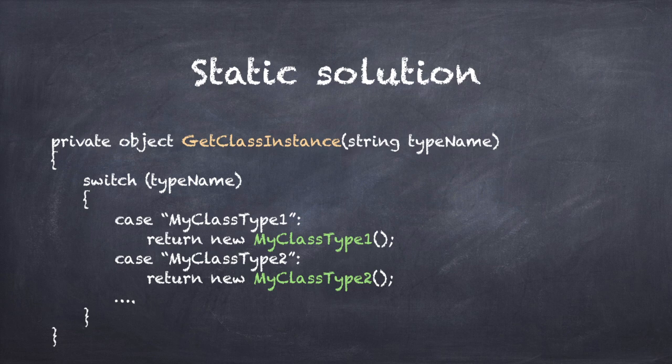This performs really well because the compiler can compile any possible scenario we might encounter at runtime. But the disadvantage is that we have to anticipate every possible use of the class factory beforehand.